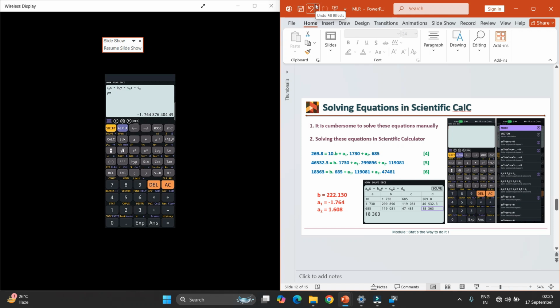So it is the value of A1. The third time I press equal to, the value is 1.608. So that is the value of A2. In this way you can use a scientific calculator to solve three equations and directly get the values of B, A1 and A2.